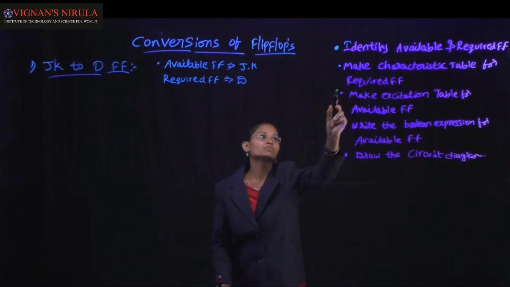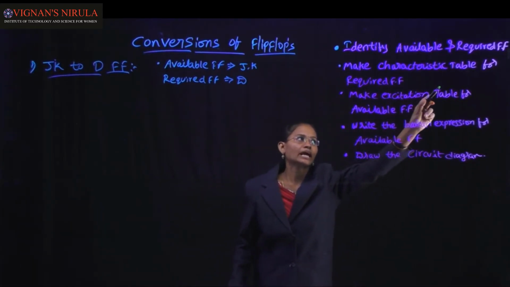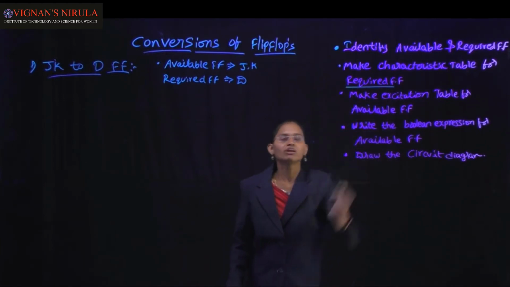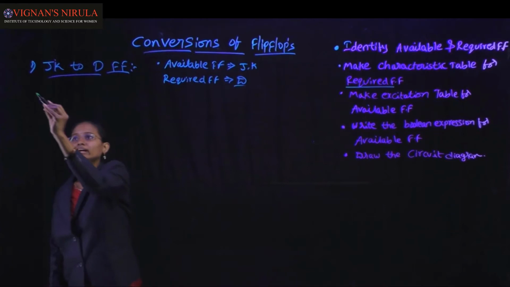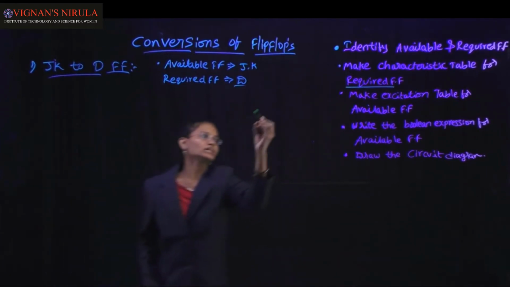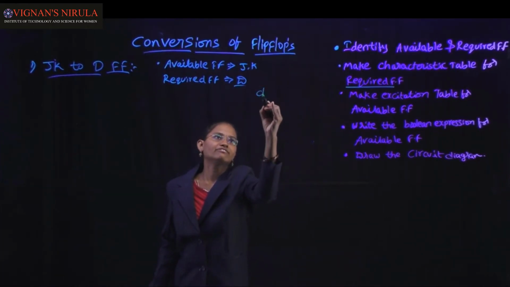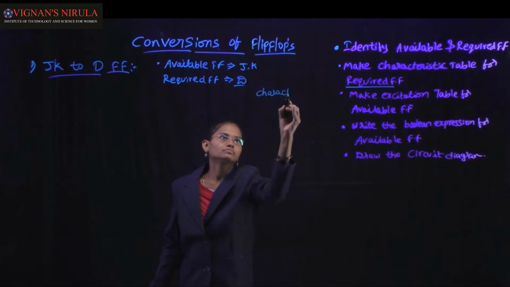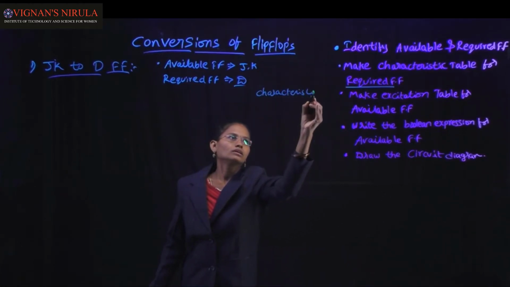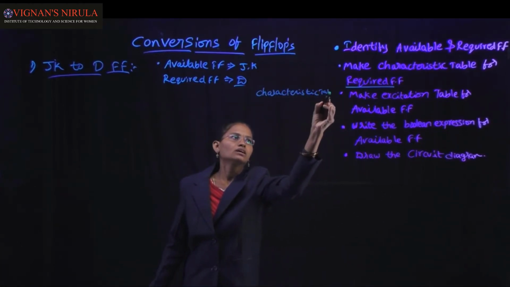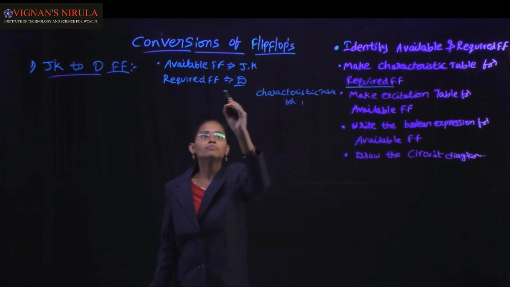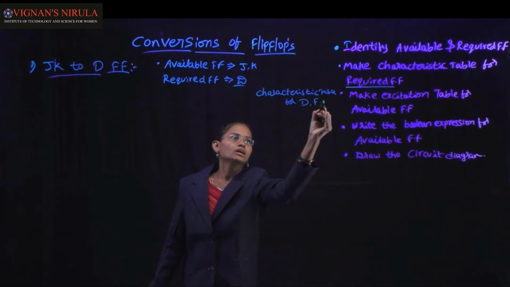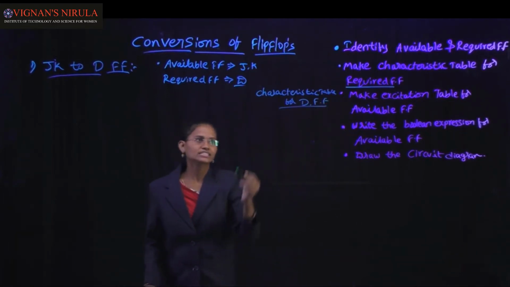What is second step? Make the characteristic table for required flip-flop. What is required flip-flop? D. Okay, and now write down the characteristic table for D flip-flop. What is the characteristic table?